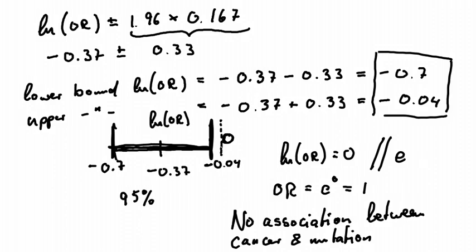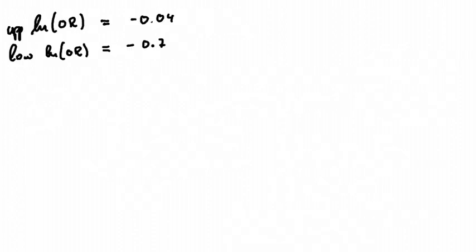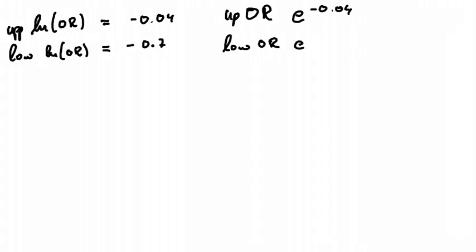But let's look at that in a little bit more detail. We can convert our upper and lower bounds for the ln odds ratio into the bounds for the odds ratio, simply by calculating. So the upper bound for the odds ratio would be e to the power of negative 0.04, and the lower bound for the odds ratio would be e to the power of negative 0.7.